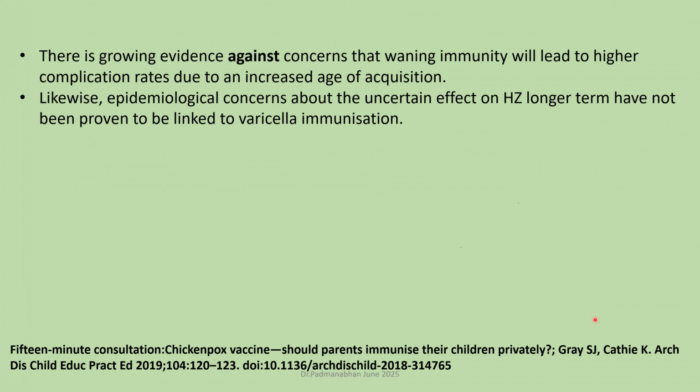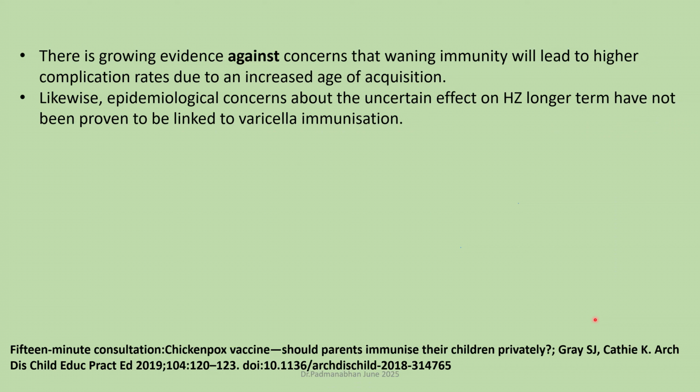There is growing evidence against concerns that waning immunity will lead to higher complication rates due to an increased age of acquisition. Likewise, epidemiological concerns about the uncertain effect on herpes zoster in the longer term have not been proven to be linked to varicella immunization. Now, this is a very important point. There's something called epidemiological shift.